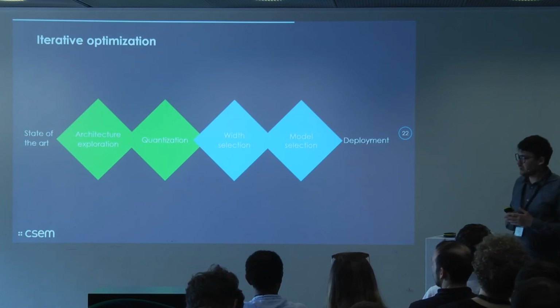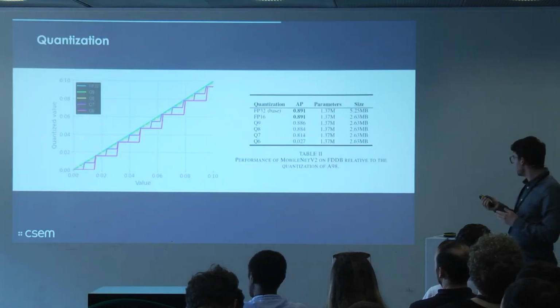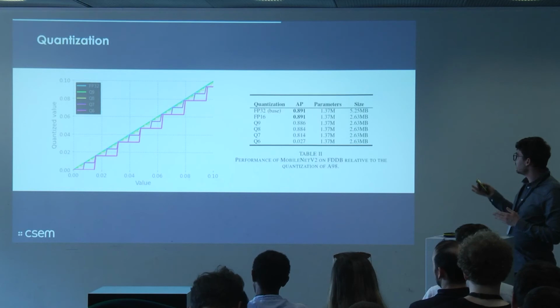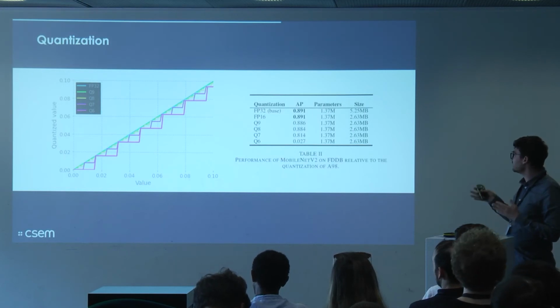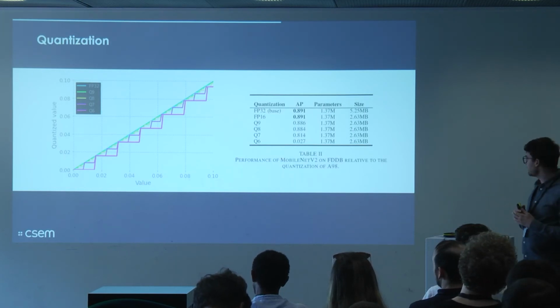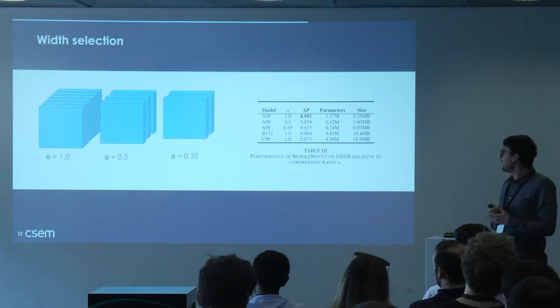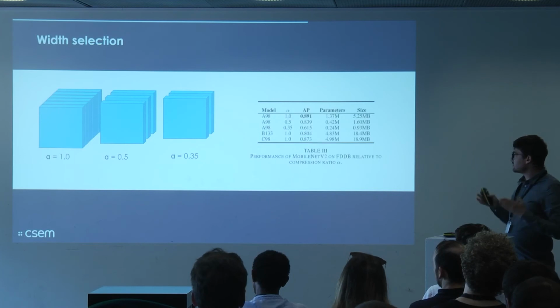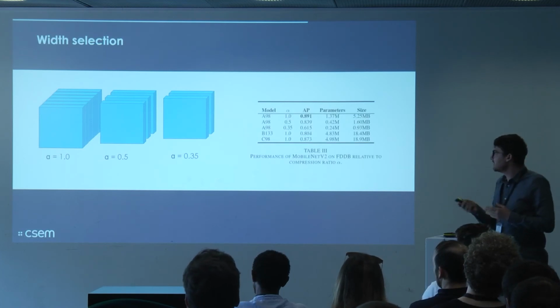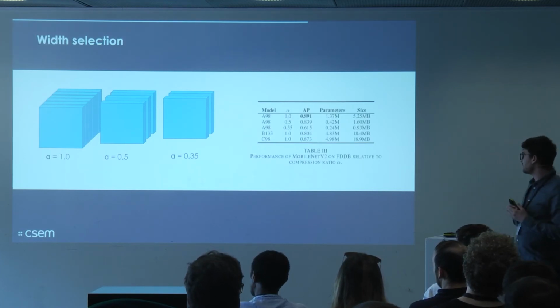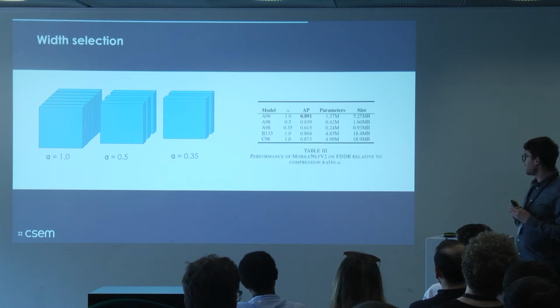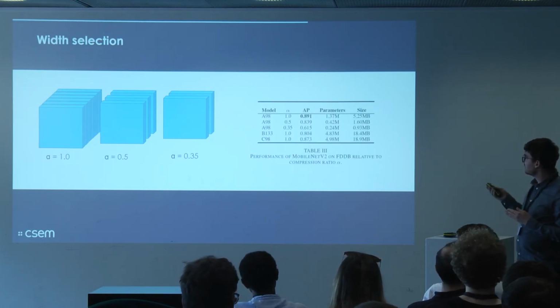Now that we have selected quantization, in that case FP, we can see that Q9 is almost near the FP32 and FP16 representation. We can go to the width selection, and the width selection reduces the number of filters, like shown on the left. And we can see that it highly impacts the performance.